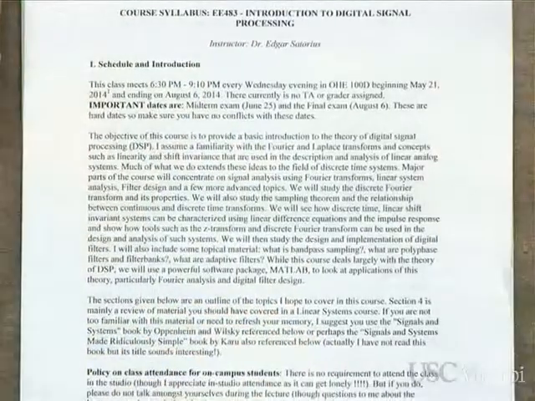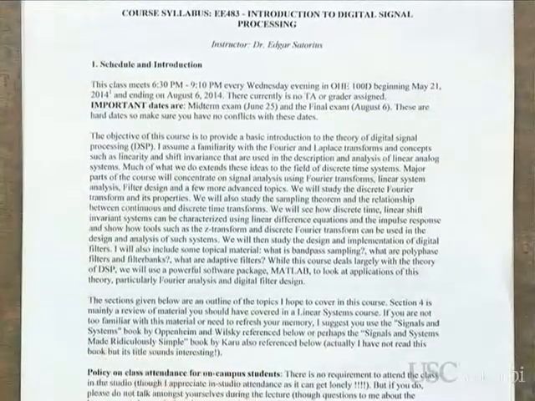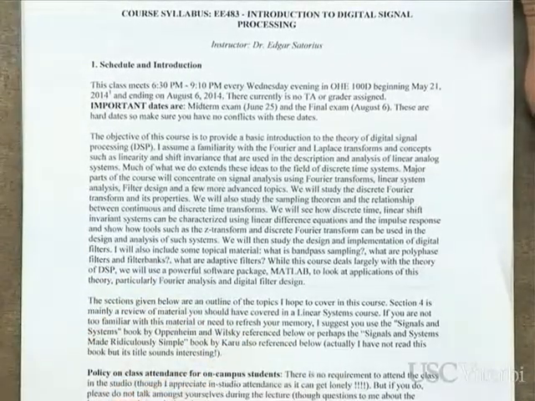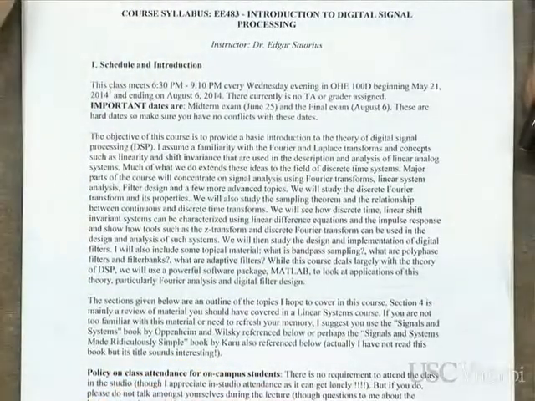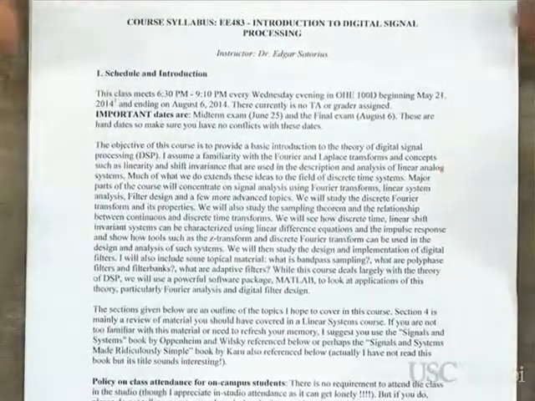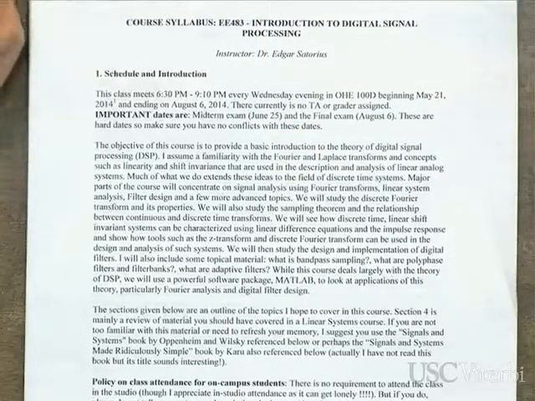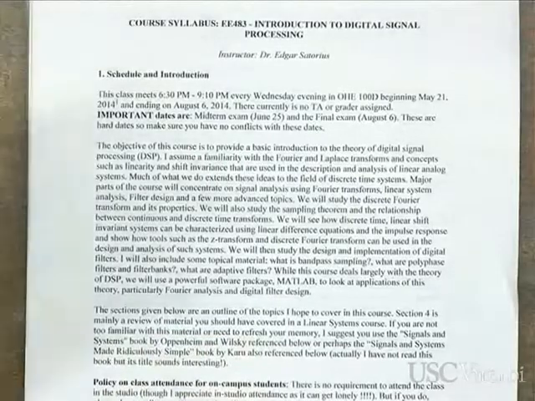It will be in OHE 100D, and it ends on August 6th, 2014. August 6th is the last day of class, but it will also be the day of the final. So if you're wondering about the final exam date, that will be the last class, August 6th. Depending on the number of students, it will probably be in our classroom, but we'll see.